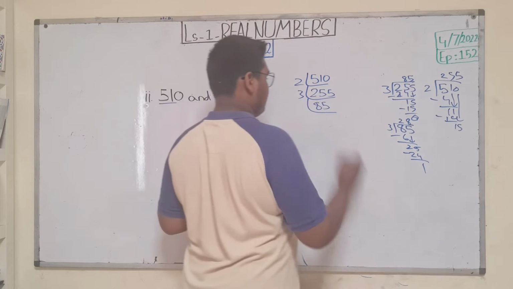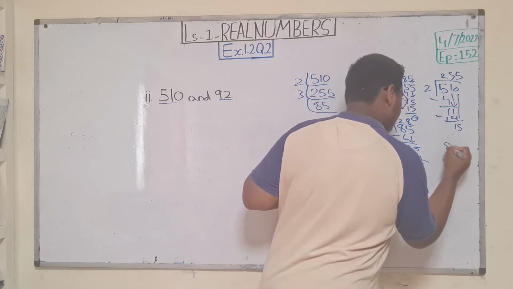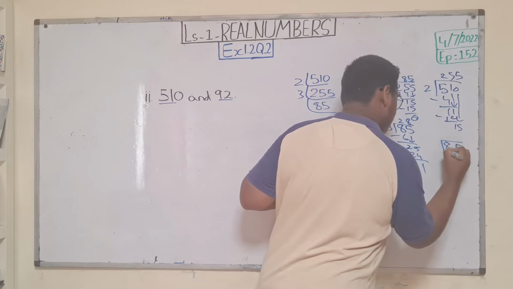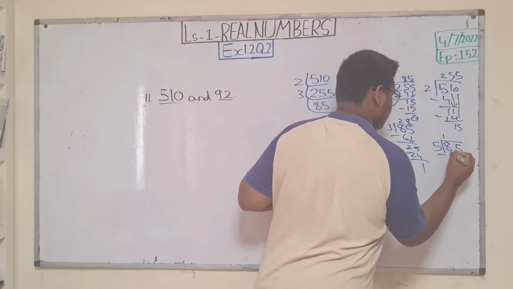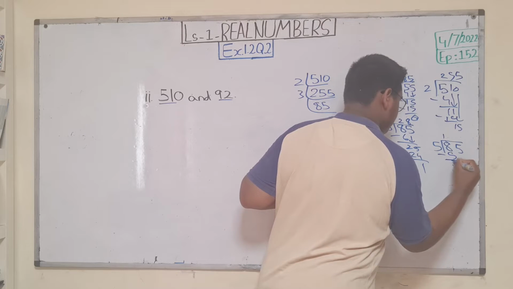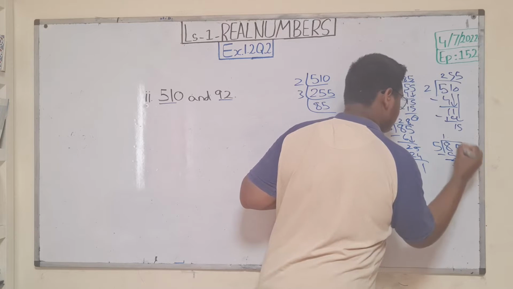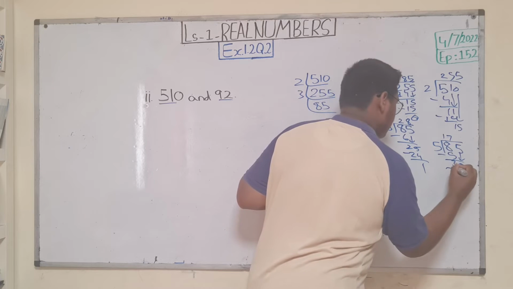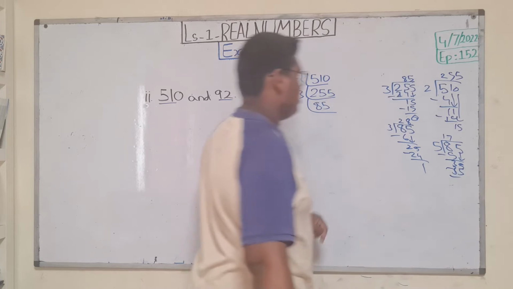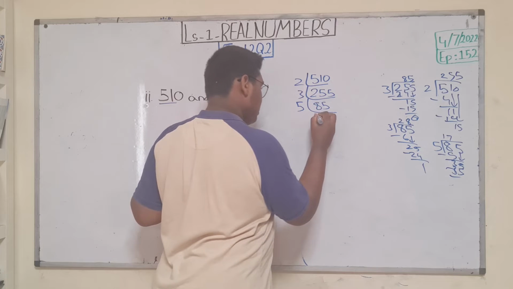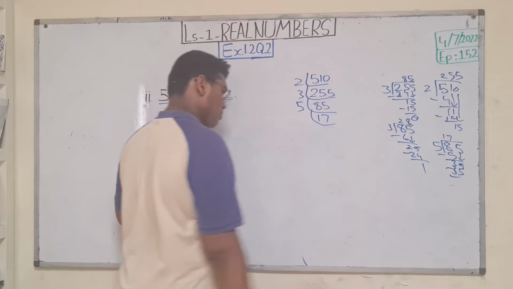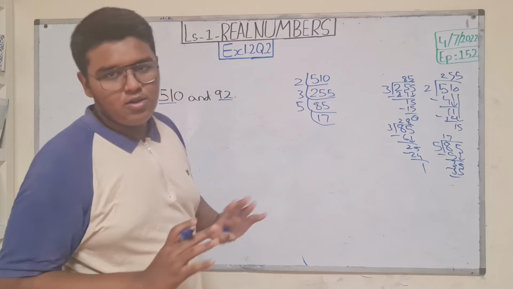So let's try with 5. 85 divided by 5. Now 8 is bigger, so we take 5 once, remainder 3, then 35. 35 means we can take 7, so we get 17. Now 17 is a prime number, we all know that, right?